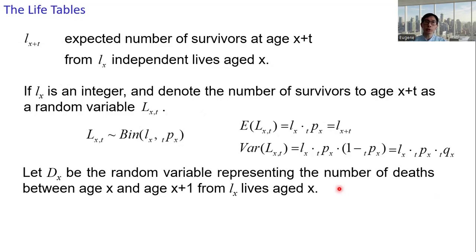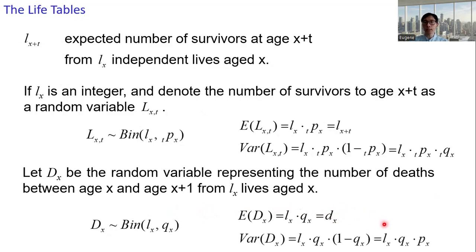Dx also follows a binomial distribution with n equals Lx, and the probability of success in the binomial distribution is Qx, the 1 year mortality probability at age x. And therefore, the expected value of Dx is Lx times Qx, which is dx. And the corresponding variance is Lx times Qx times Px.